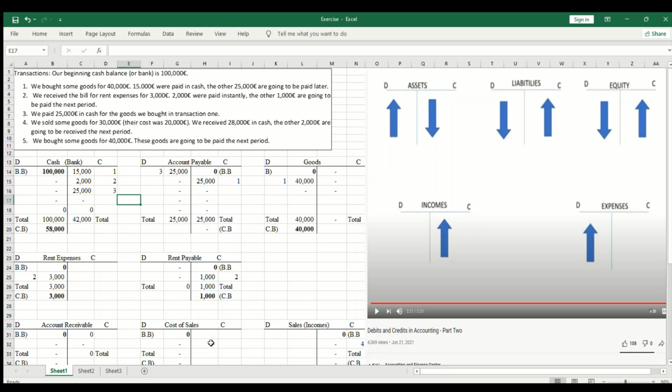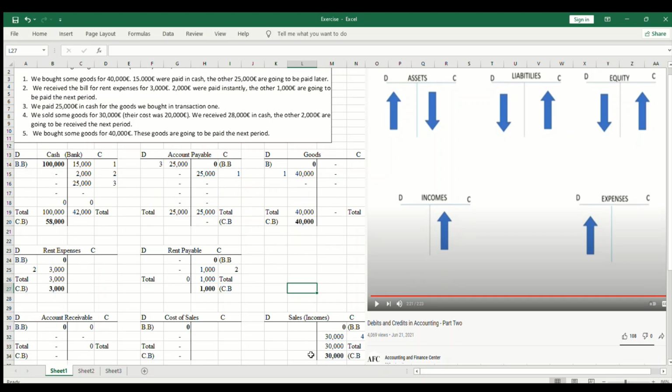So we record the sales in transaction 4 for 30,000 euros. 28,000 euros were received. Okay, transaction 4.